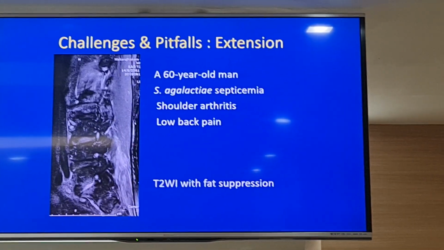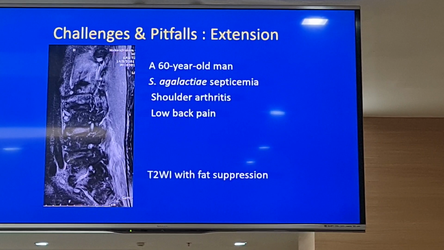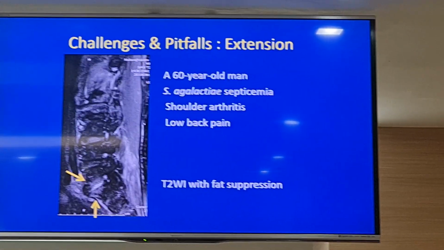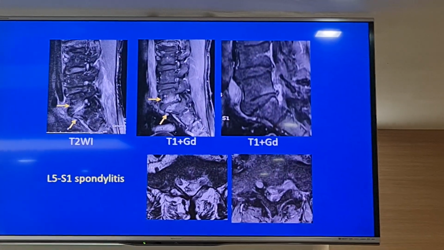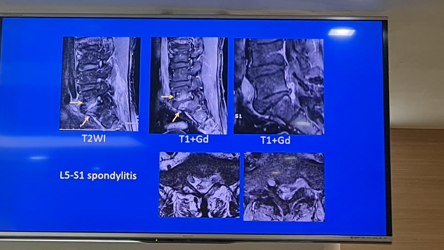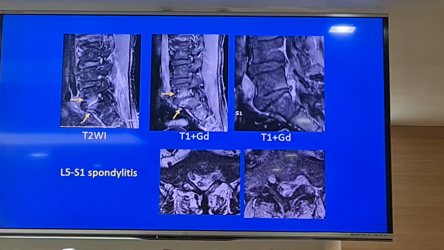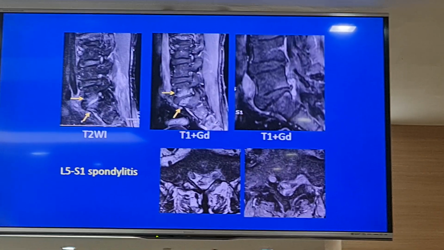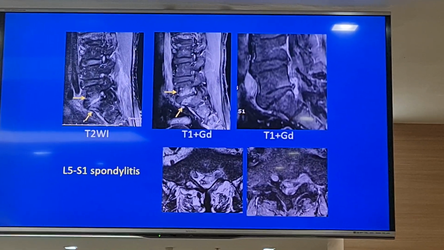So we do MRI on T2 weighted images. We can see edema around this area. When we do T1 with gadolinium, we can see it's enhanced, definitely confirming infectious disease around here. We can also see that the infection comes out to the epidural soft tissue.